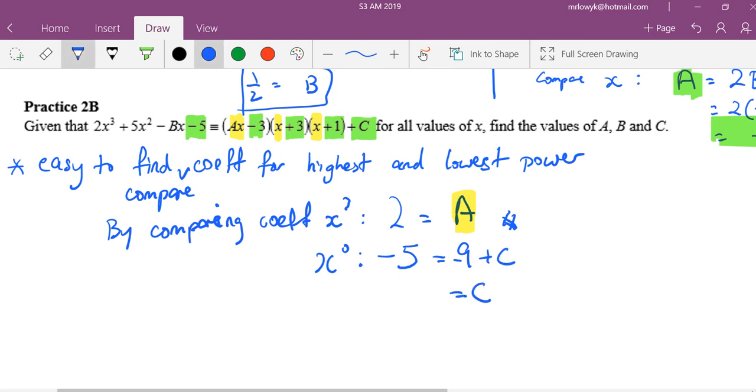Why? Not plus, times. You see, even for x, right, is ax times x times x, ax cubed. So minus 3 times plus 3 is minus 9. Minus 9 times plus 1 is minus 9. So it's times, times.